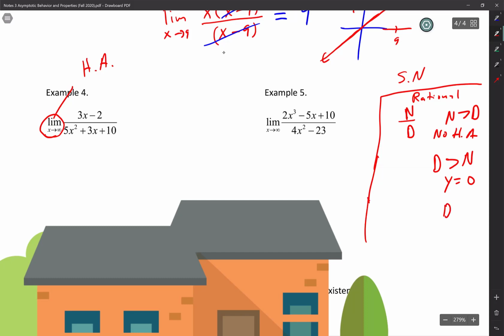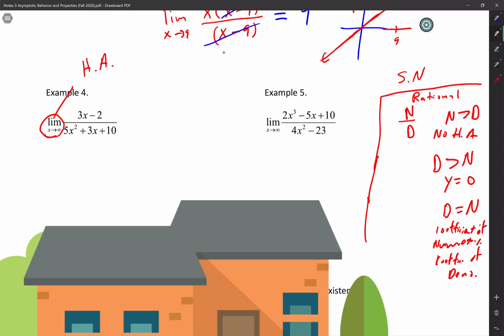If the degree of the denominator equals the degree of the numerator, you look at the coefficients in front. Coefficient of numerator divided by coefficient of denominator. Sorry guys that my handwriting sucks there.